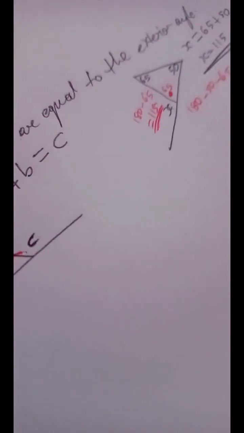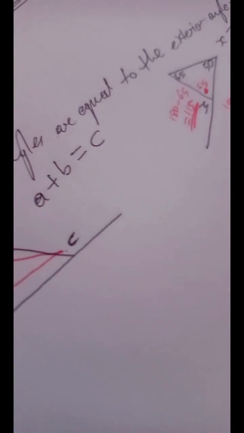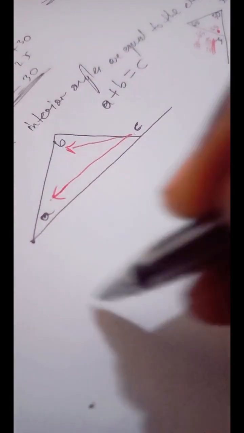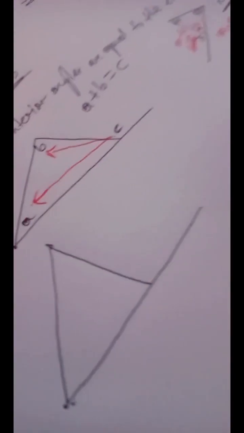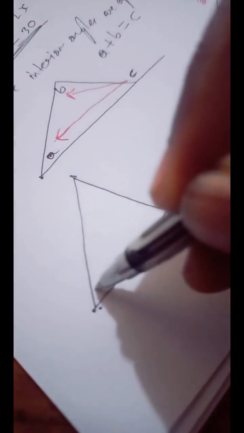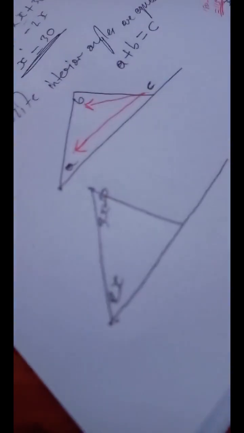Alright, from there, let's write an exam question. You're given a triangle, right? And the triangle says this is 2x. Here you are given 3x minus 20, right?